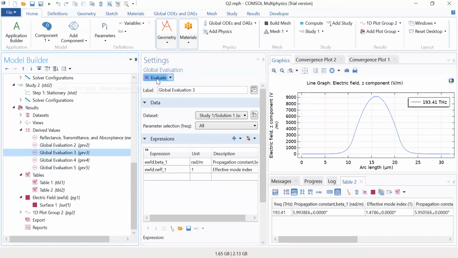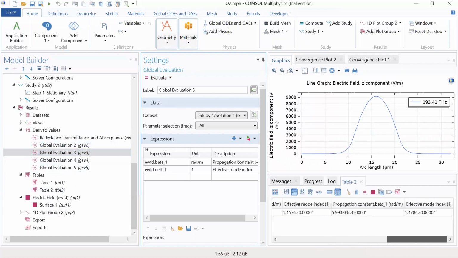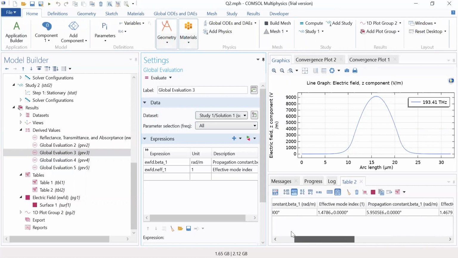After every iteration, we have to click on this evaluate button. This will give you the propagation constant as 5.99 and the effective mode index as 1.47. As we further increase the mode value, this propagation constant value and effective mode index will keep decreasing. I will show you.